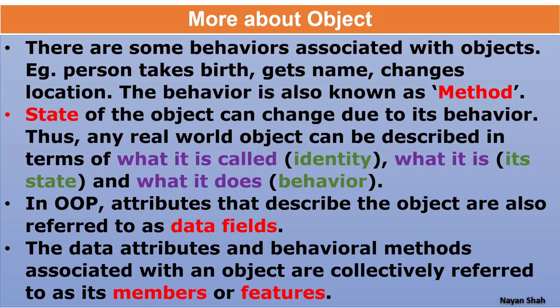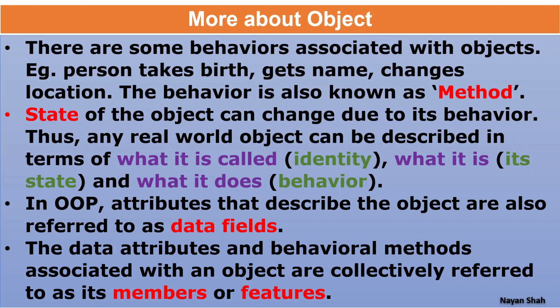So for every object we have two things. An object will have some properties, which are also known as attributes, and an object will have some methods, which are also known as functions. The state of the object can change due to its behavior.